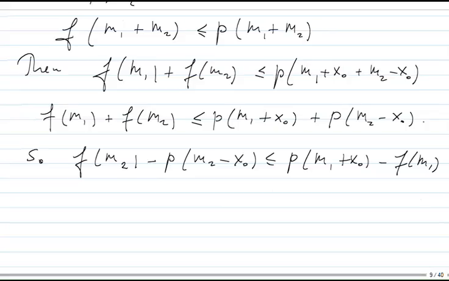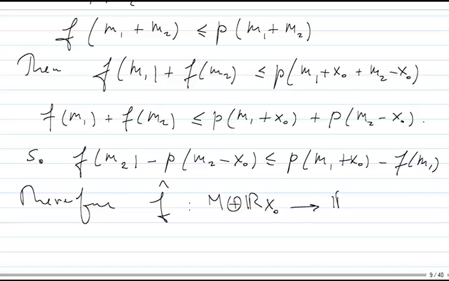So such an a exists, therefore f hat from m plus r x0 into r linear does exist, which extends f and preserves that control by p.